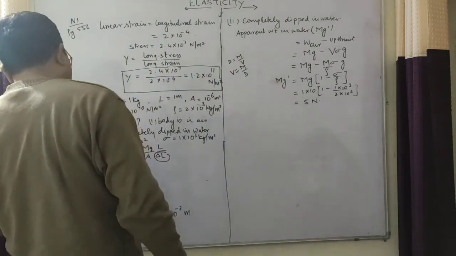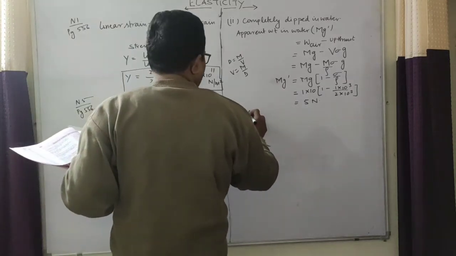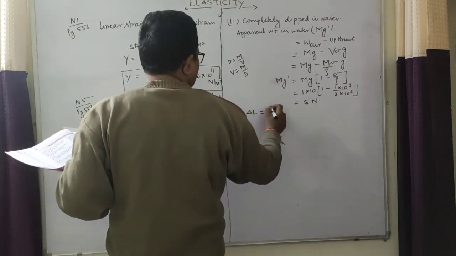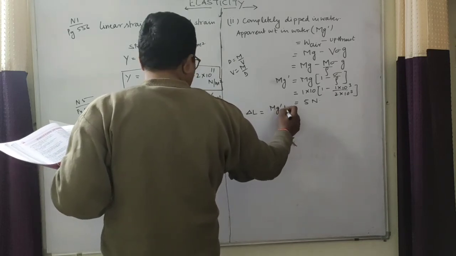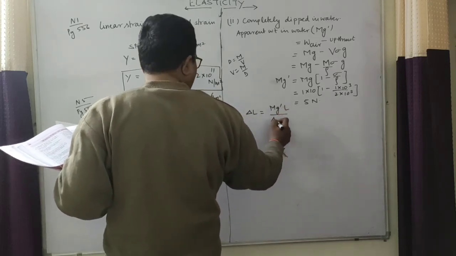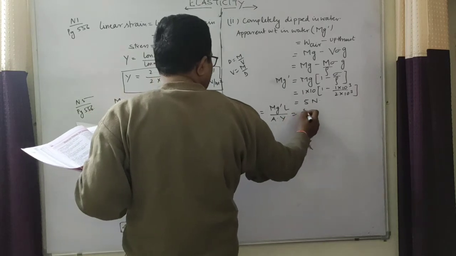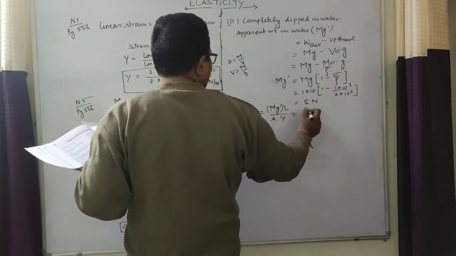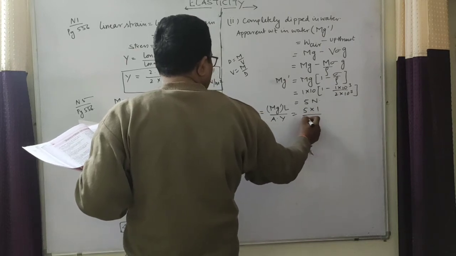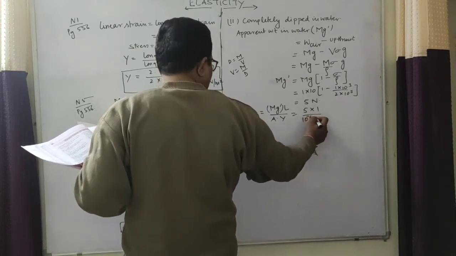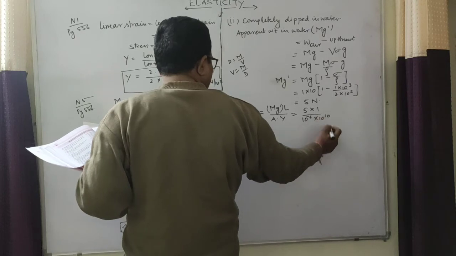Now, applying the concept, again delta L is equal to mg dash into L upon A into Y. Put the values. Mg dash is 5 into L is 1, A is 10 to the power minus 6, and Y is 10 to the power 10.